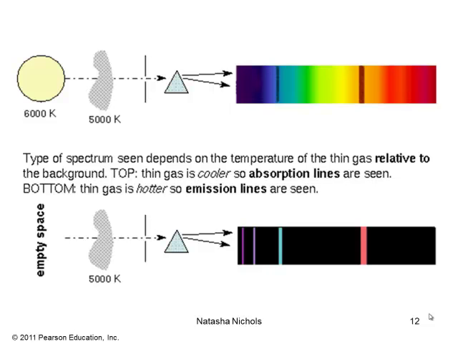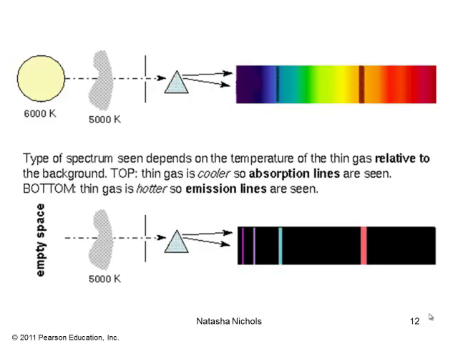Now, if between the sun and us there's a cloud that has a temperature that's less than the sun, so that's cooler, let's say 5,000 Kelvin, then because we have that cool gas on the way, we end up seeing the absorption lines, because that cool gas is absorbing some of those wavelengths. So the thin gas on the top is cooler, so the end result is absorption lines.